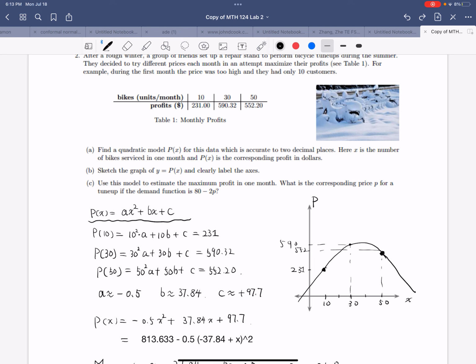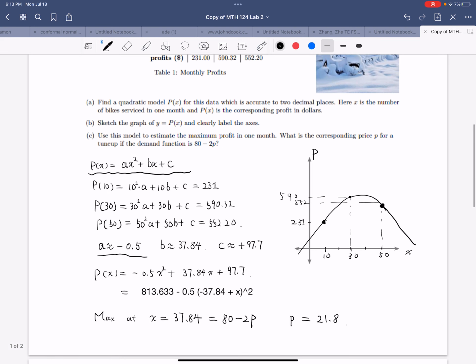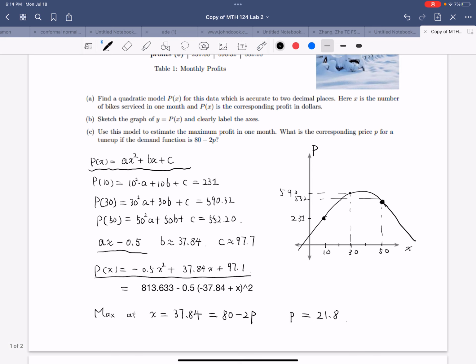You solve this system of equations, and you get a is approximately negative 0.5, and b is approximately 37.84, and c is this number. Then you get this function, and rewrite it by completing the square, you get p(x) equals this. As you can see, this function is maximized when this negative term becomes 0.